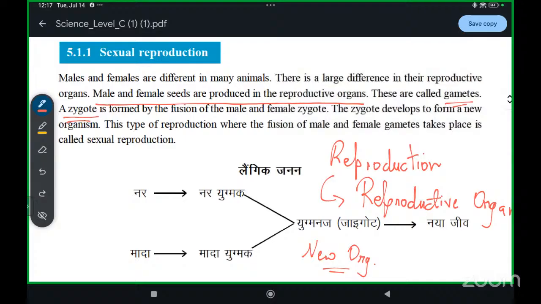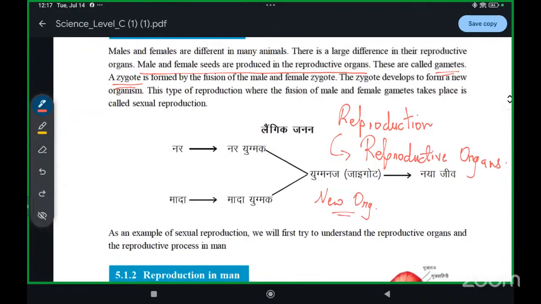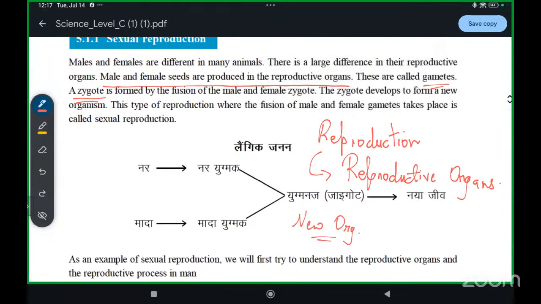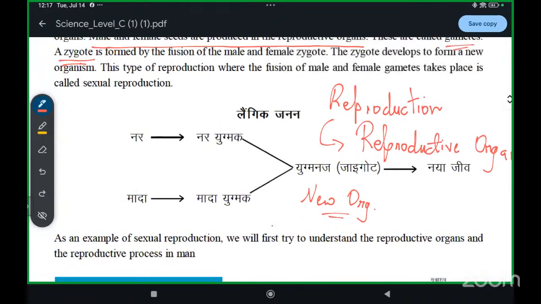It is formed by the fusion of male and female gametes. The zygote develops to form a new organism. This type of reproduction, in which the fusion of male and female gametes takes place, is called sexual reproduction.